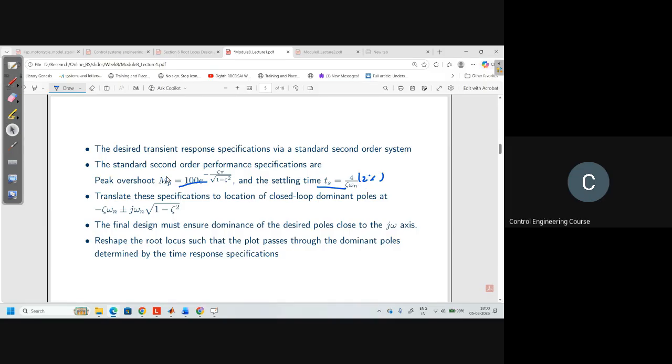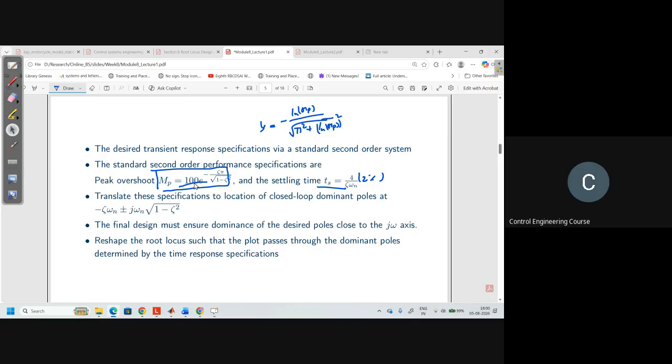So by solving this, you will get zeta. Zeta is equal to minus ln Mp divided by the square root of pi squared plus ln Mp whole squared.